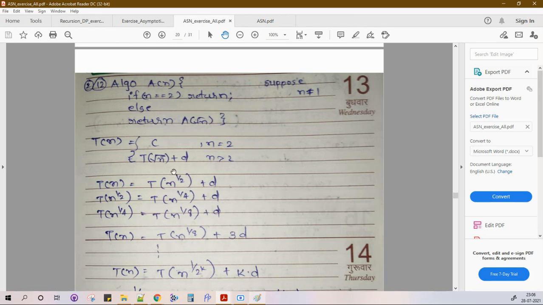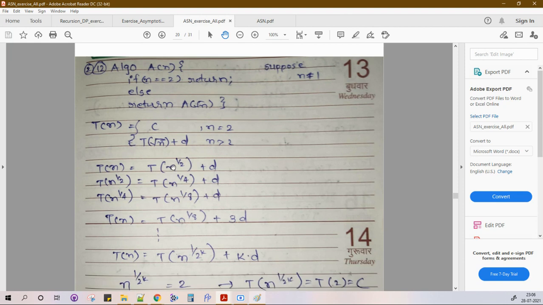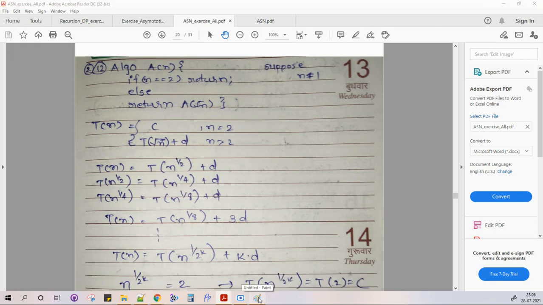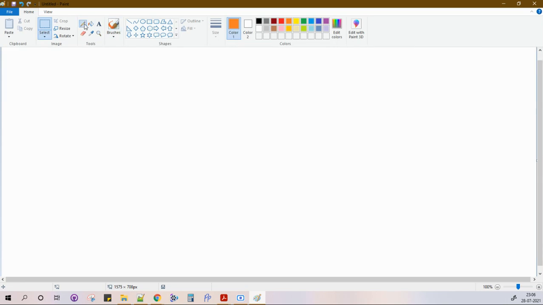This root n can be written as n to the power 1 by 2. Now I need to know the value of n to the power 1 by 2. This is sometimes confusing, so let me write it fresh, and let me change the color. T(n) is nothing but T of n to the power 1 by 2 plus d.